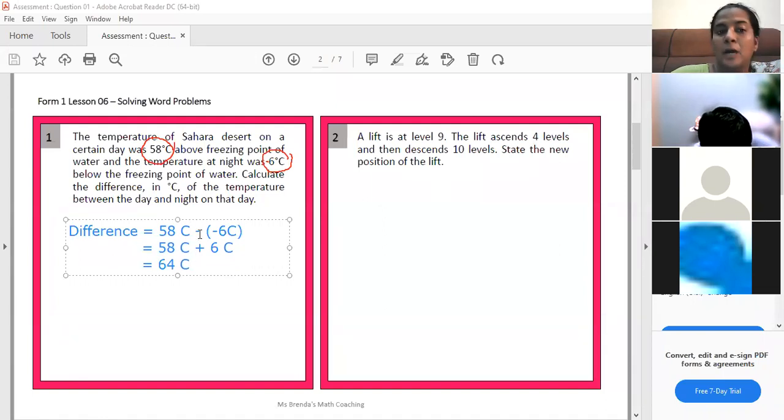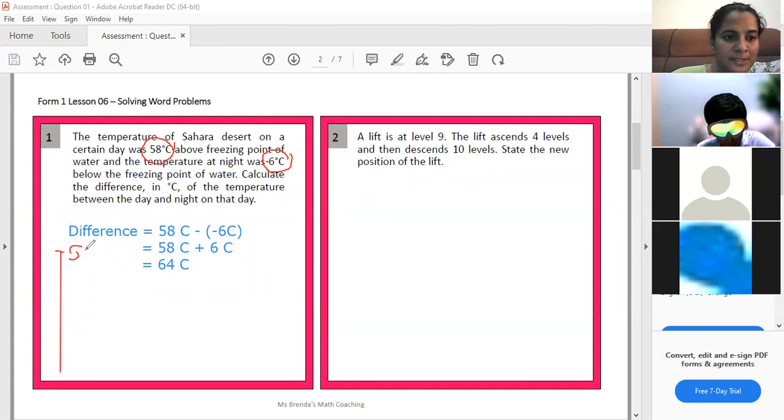All right. And this is how you answer. Now, the drawing part, for those who needed to draw, would be very simple. You can draw it vertically just to show the temperature. The top would be 58 degrees Celsius, and then somewhere would be 0 degrees Celsius, and then below would be -6 degrees Celsius.